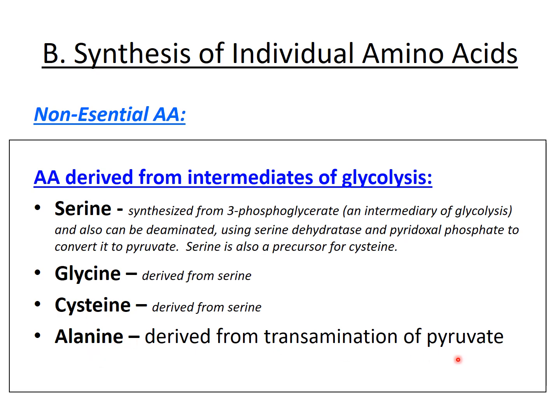Alanine also comes from pyruvate, which is an intermediate or end product of glycolysis when we talk about aerobic cells. So very smartly, we use molecules that are already available, the skeleton of the molecules, and we transfer amino groups to this carbon skeleton by transamination.